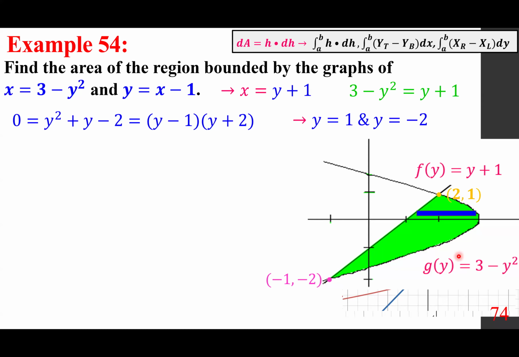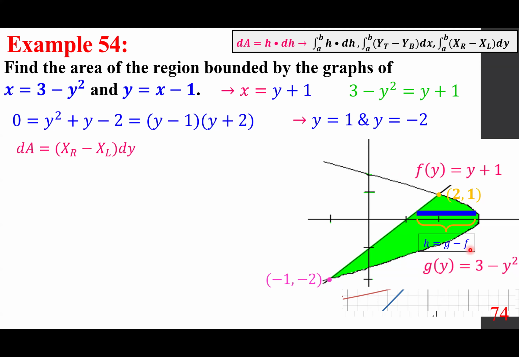Now the curve x equals 3 minus y squared, we're going to call it g of y equals 3 minus y squared. And the line x equals y plus 1, we're going to call it f of y equals y plus 1. So dA is x of the right minus x of the left times dy, which is g minus f dy.